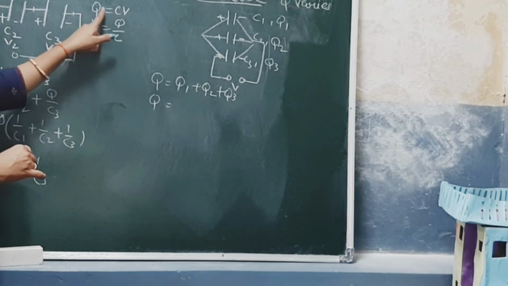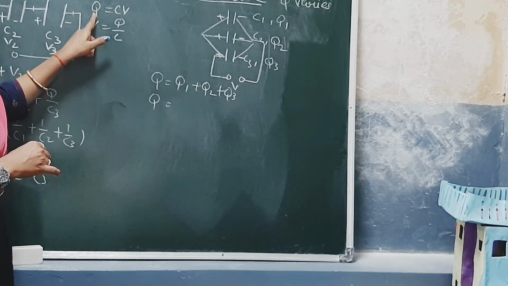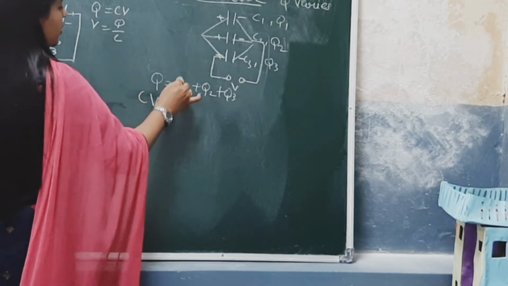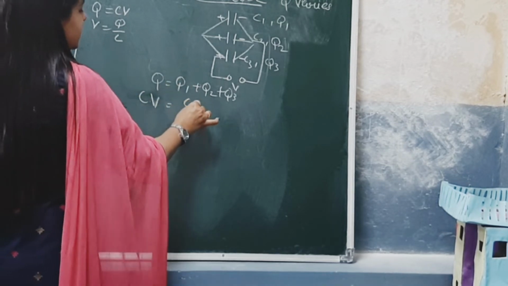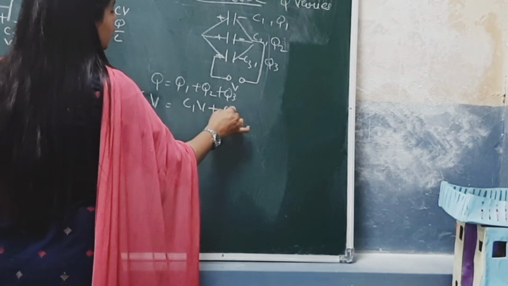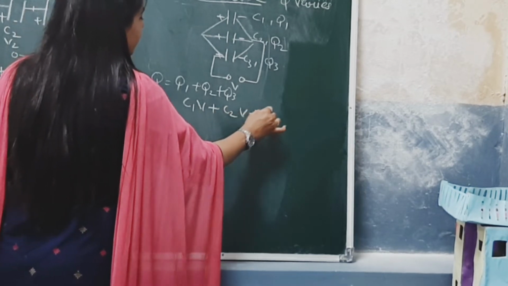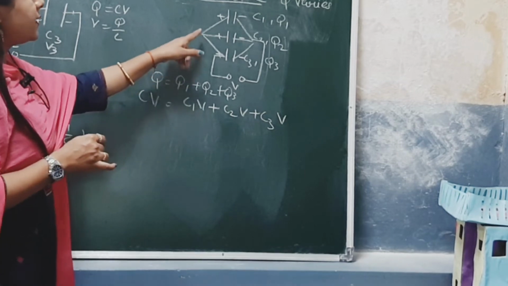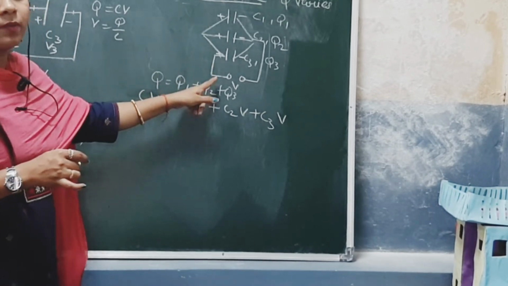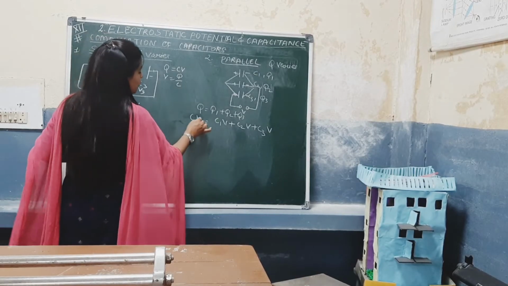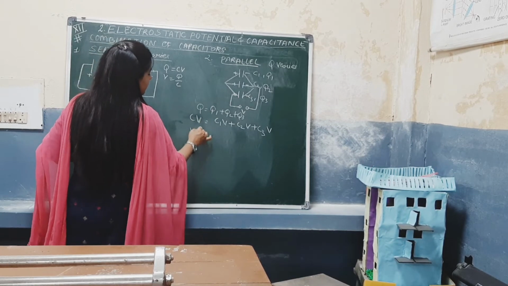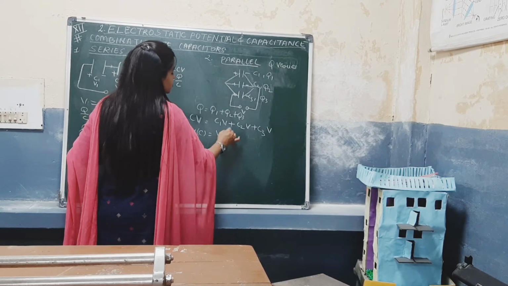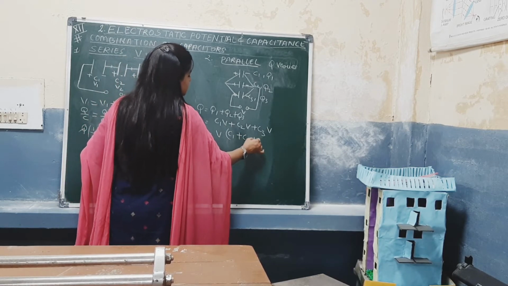Now in this formula we will substitute the value of charge, that is CV. So we will put it here. CV is equal to, for Q1 it will be C1V, for Q2 C2V, and for Q3 it will be C3V. Since potential is the same across the parallel combination of parallel plate capacitors, we will take the potential as constant. So here it becomes this way.